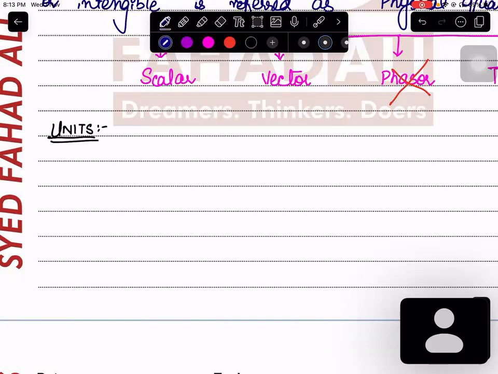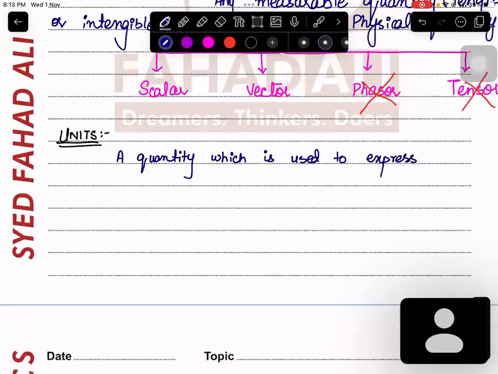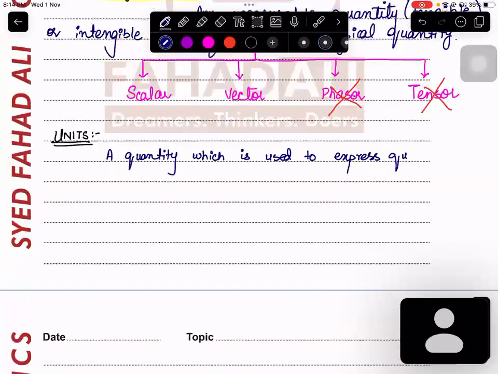A unit is basically a quantity which is used to express the physical quantity. Have you ever been to a grocery store?